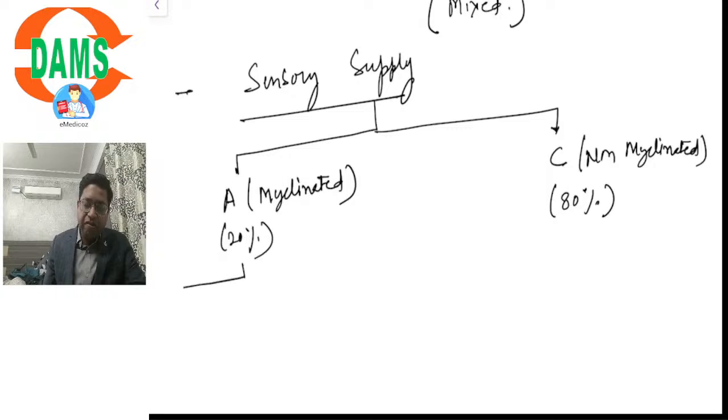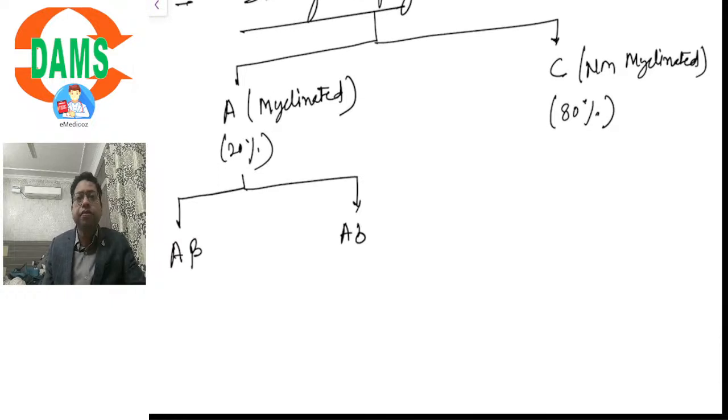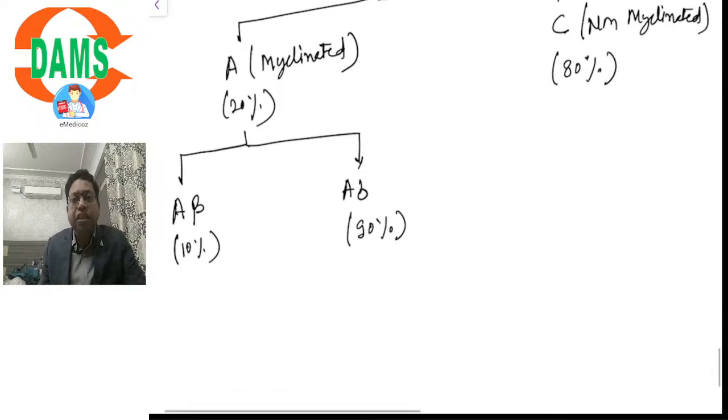These A fibers which are present in the dental pulp are further of two subtypes: A beta fibers and A delta fibers. A beta fibers constitute only 10% of the A fibers, and A delta fibers amount to 90% of the A fibers. So we are talking about the sensory innervation.